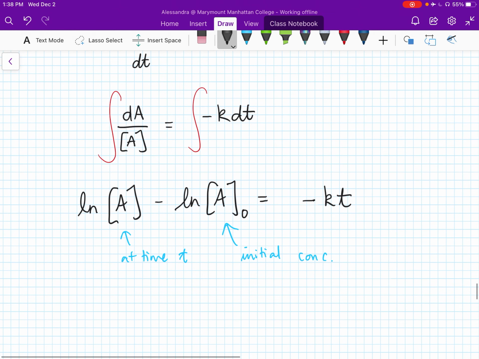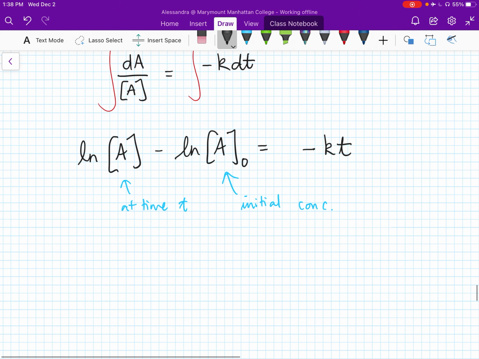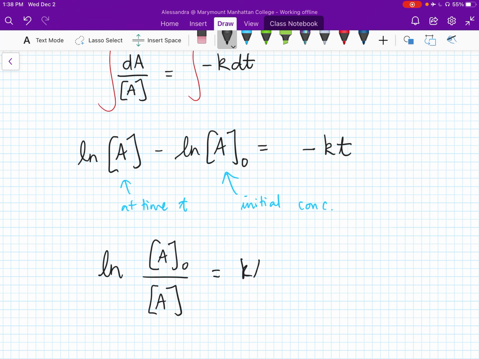So usually this is rearranged using the law of logarithms to say that the natural log of the initial concentration of A over the concentration at time t is equal to kt. Okay, so that's just switching the signs and then taking the law of logs that the natural log of x minus the natural log of y is the natural log of x over y.